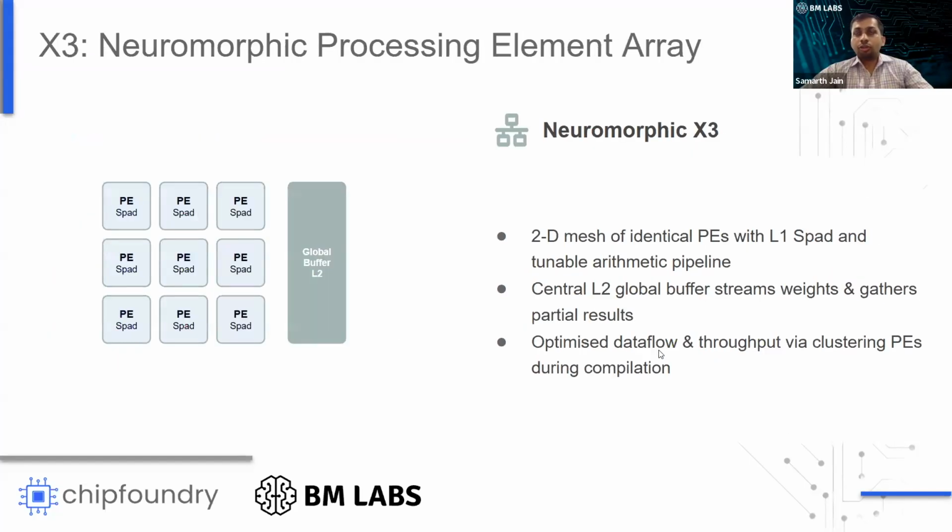Going to our Neuromorphic Crossbar 3, which is a 2D mesh macro. If you plan to use this IP, you can copy it multiple times. Crossbar Macro 3 gives you an efficient way of utilizing the processing element, which is one macro.